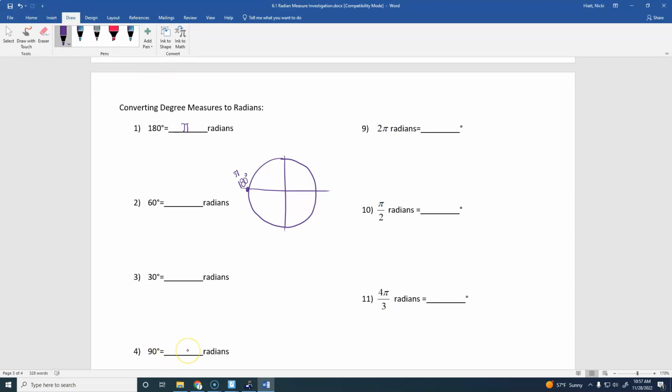Let's talk about 90 first. 90 degrees right here would be half of the length to 180. So it'd be 1/2 of pi, which can be written as pi divided by 2. That's one way we could think about it. We could just reason through it. But we're going to see some where reasoning through is not very easy.